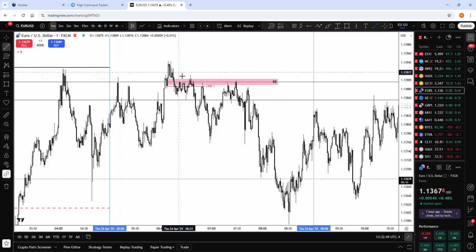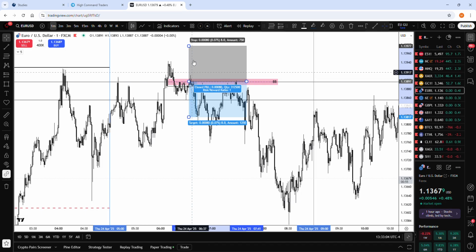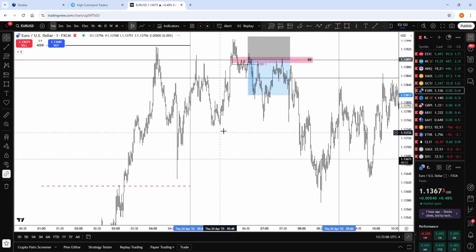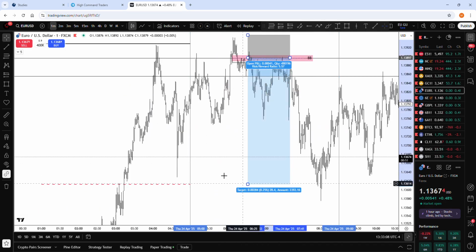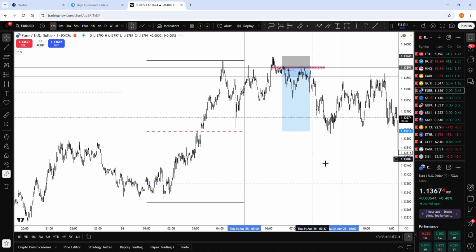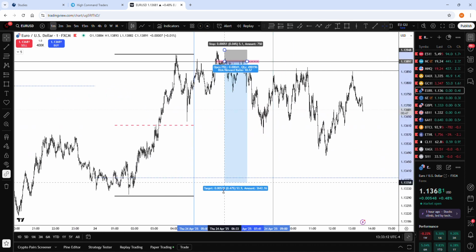Nice thick candle, model number 1, CISD. You have your unicorn. We didn't get a unicorn model here because we didn't have an inversion fair value gap, but you had your CISD and you had your breaker, and you're entering right on the retest, stops above the highs, targeting 50% of the range, right? And then the bottom of that range.